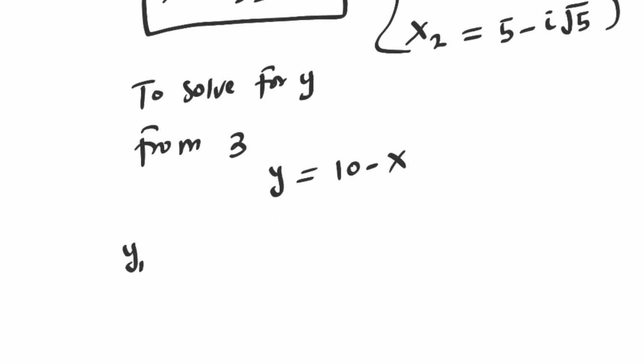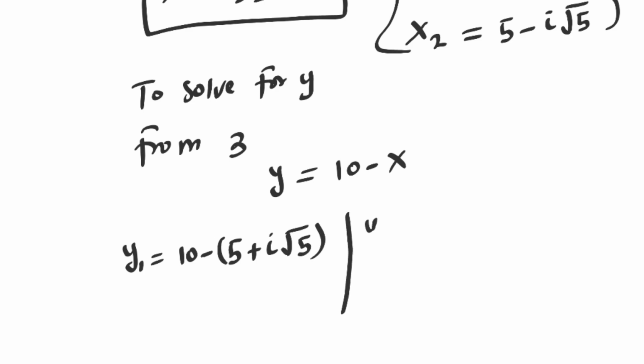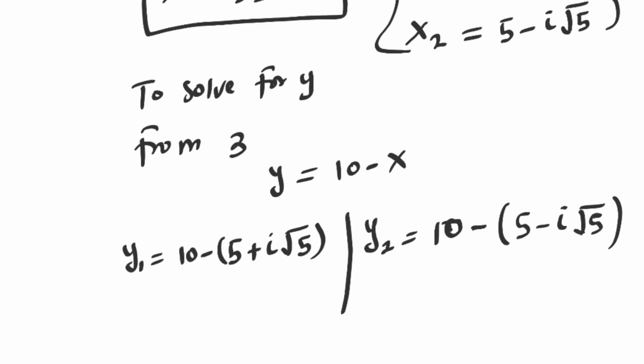Now, y1 is equal to 10 minus x1, which is 5 plus i root 5, and y2 is equal to 10 minus 5 minus i root 5.